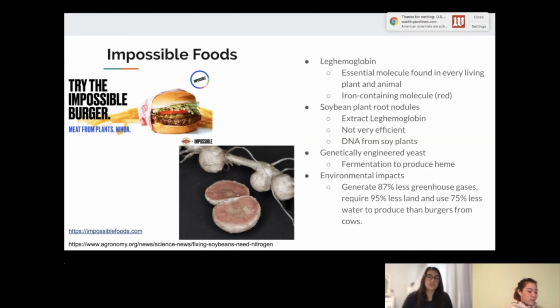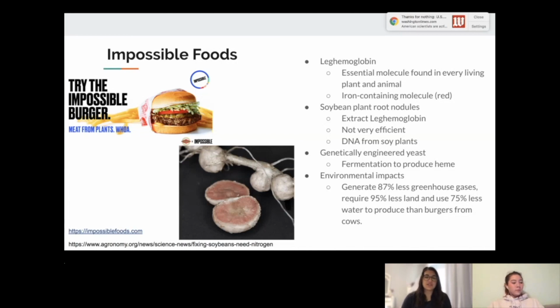Hemoglobin is an oxygen carrier in heme protein found in nitrogen-fixing root nodules of legumes such as soybean plants. Scientists discovered that the extraction of this hemoglobin in these soybean root nodules closely resembles the heme molecule found in blood and meat in animals, which translates to that meaty flavor in steaks or burgers.